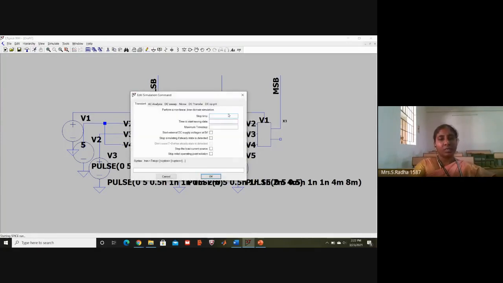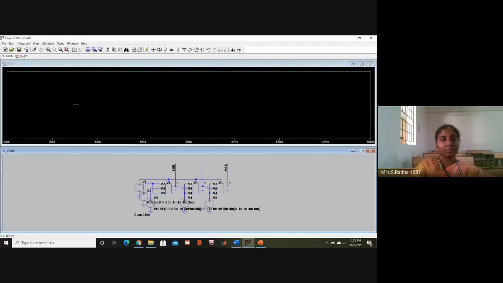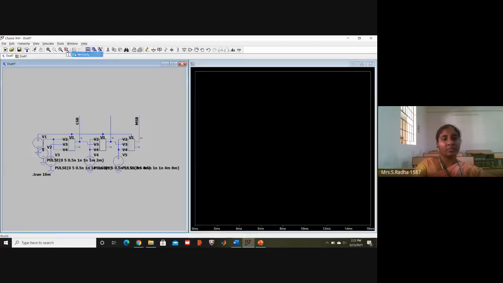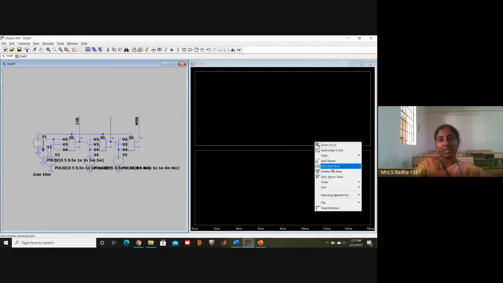When I simulate the maximum time, what I will give is, let me take some two combinations. I will be having 8. I will give 16 milli as the simulation time. Now I will go with the tile vertical. I will have 1 clock signal and 3 bits output.